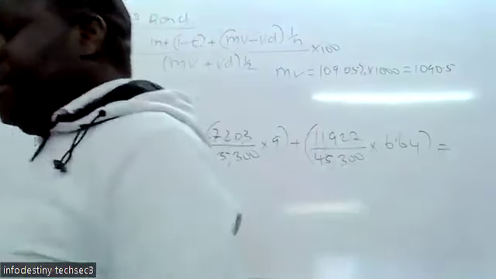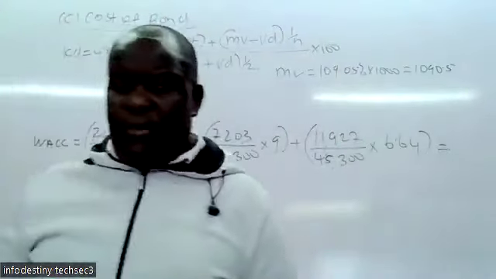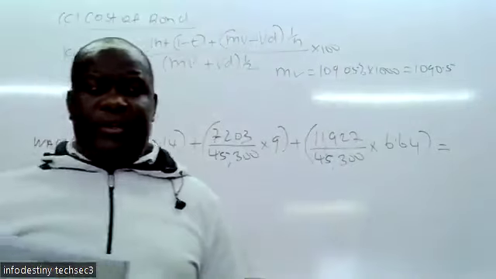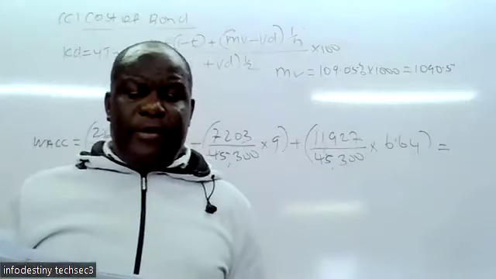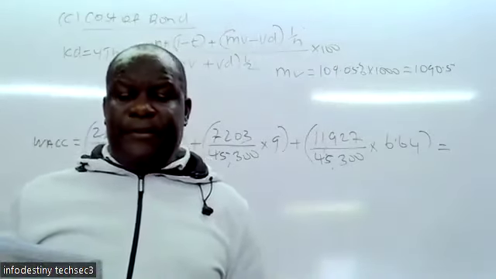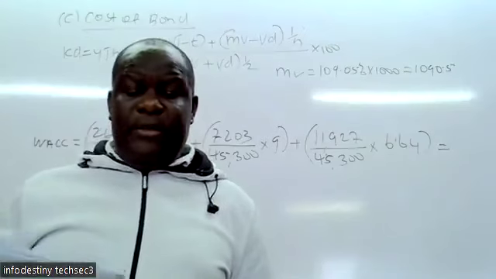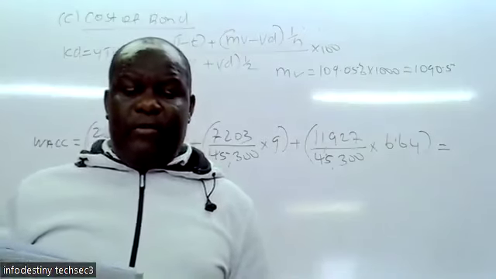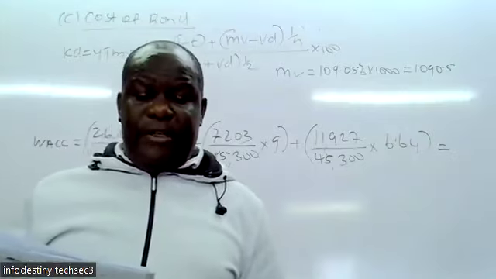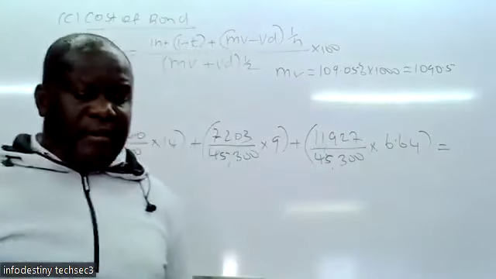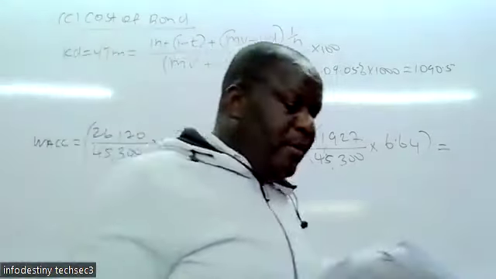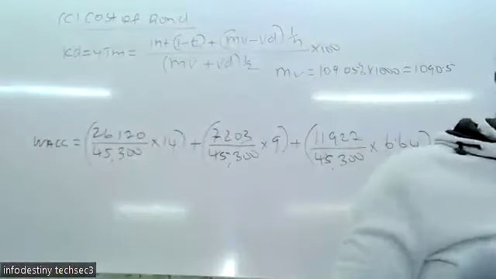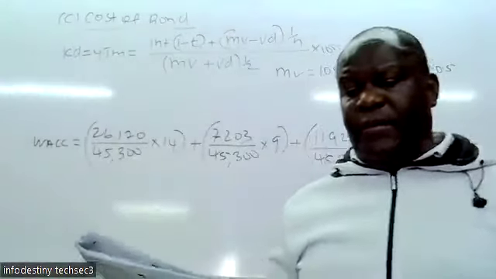Equity was given, the ordinary shares of Shillings 5 par value, and also the reserves. Long-term liabilities are given: 4% preference shares, a 7% six-year redeemable bond, and also a long-term bank loan.